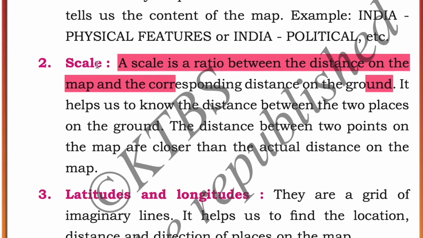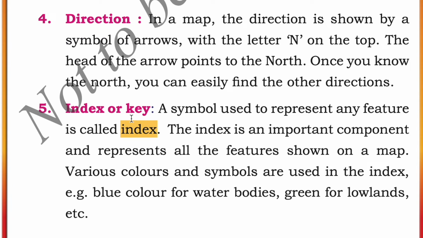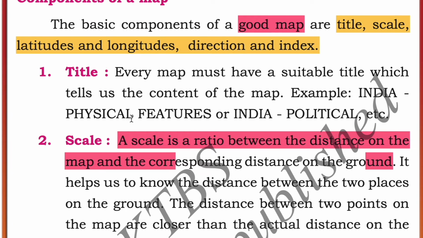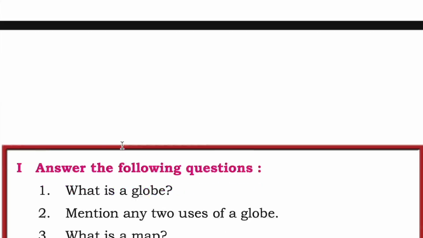That is the title, scale, latitude and longitudes, direction and index or key. So these are the 5 important components of any good map. And you need to answer it for question number 9.